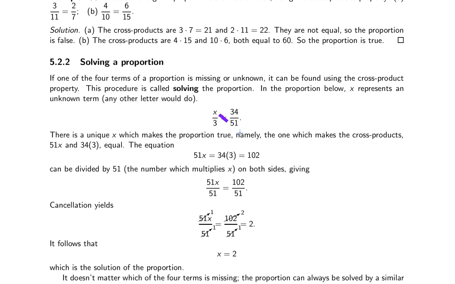So the cross products, here we have x times 51, or 51x. The other cross product is 3 times 34. That's 102. Okay, we've got rid of the fractions at least, but we still have these big numbers. 51 times x is 102. We're looking for 1 times x, so divide both sides by that 51. Okay, so x is 102 over 51, that's just 2.